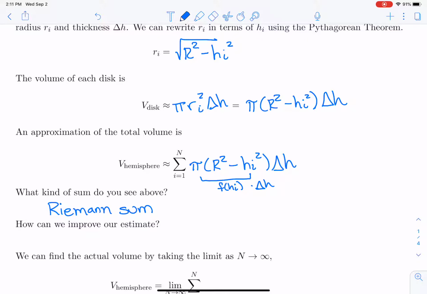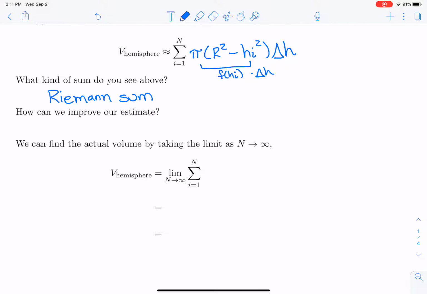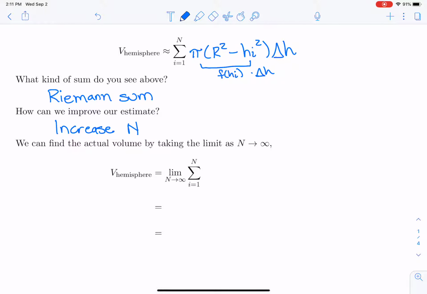Well, with Riemann sums, we know we can improve our estimate by increasing the number of disks that we use. So we can increase n, or we could actually decrease our delta h. And of course, those two things are related because delta h is equal to R over capital N. Okay.